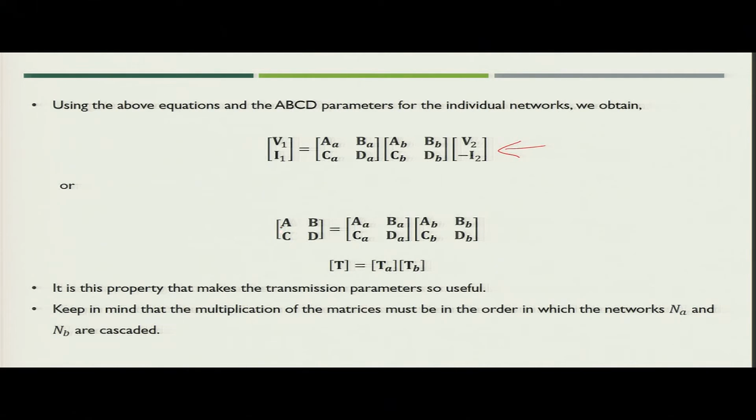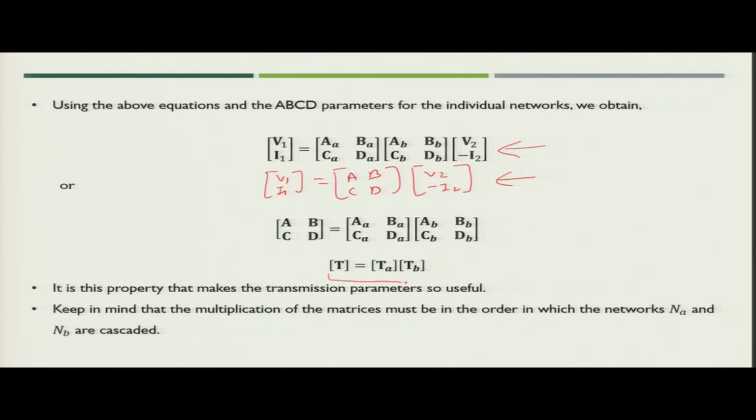When you compare both of the equations, you can simply say that ABCD of the overall network is equal to the multiplication of the individual ABCD parameters of network A and network B.